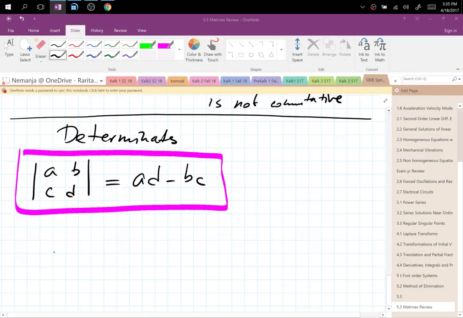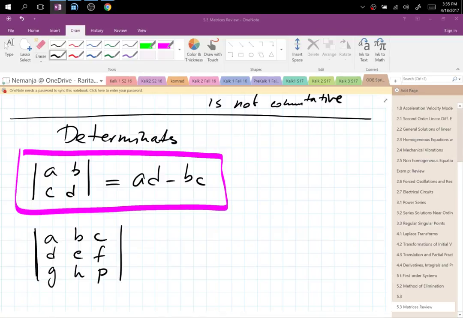And then 3 by 3, and I'll use P, okay? Because it's the alphabet I know. Goes this way. A, B, C, D, E, F, G, H, P. So what I'm going to do here is, this one is a little bit tricky.